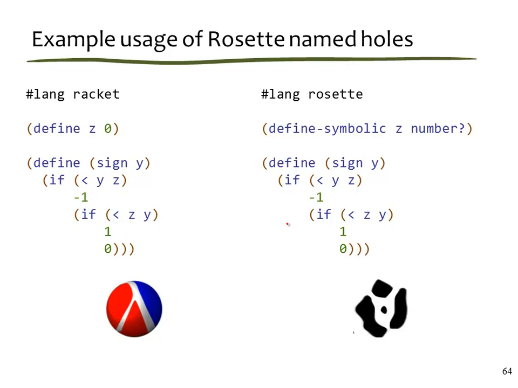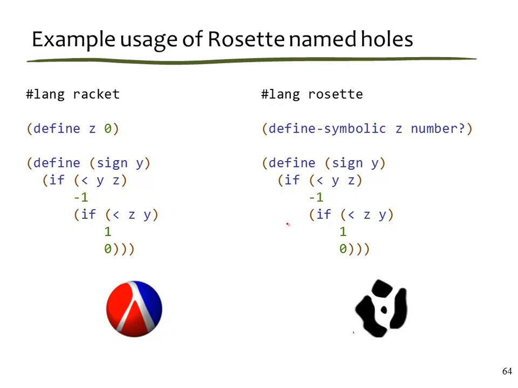If you're not familiar with Lisp, I'm just going to go through this very briefly. It defines a global variable z and assigns the value 0 to it. It says if y is less than z, it returns -1. If z is less than y, it returns 1, otherwise 0. So it's just a very simple implementation of a sign function.